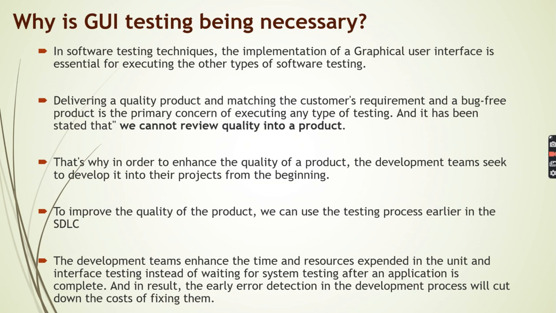However, unit and interface testing cannot assess all areas of the system, particularly the crucial features of workflow and usability. And this is the importance of GUI testing, which is implemented from the user point of view rather than a developer's.